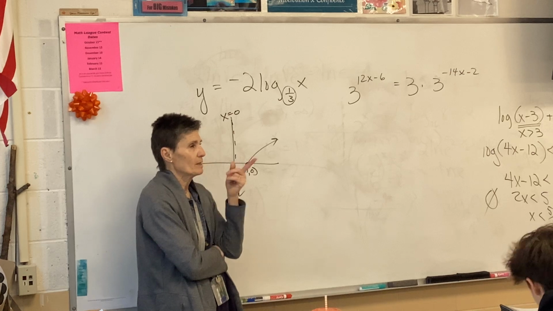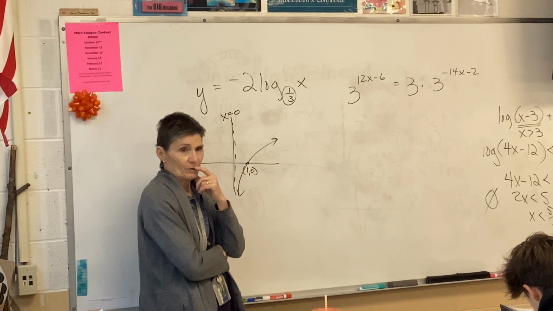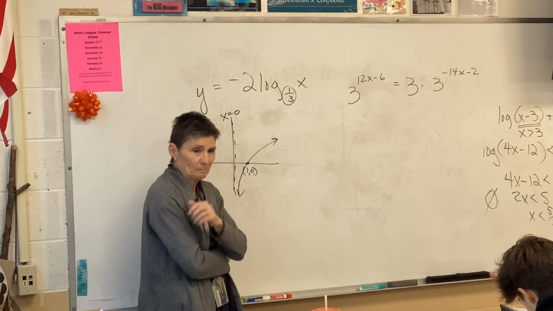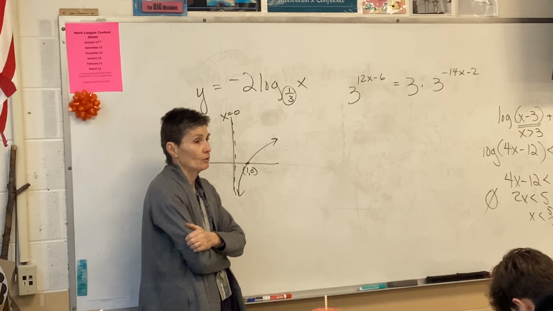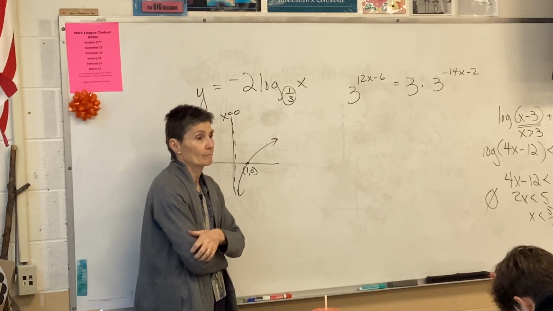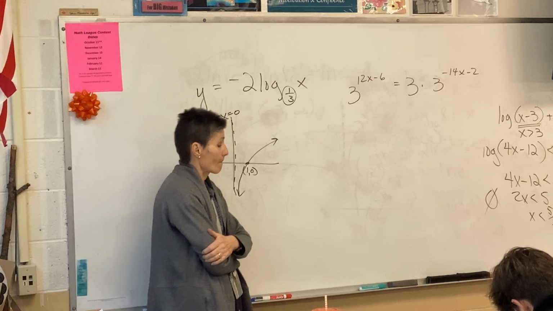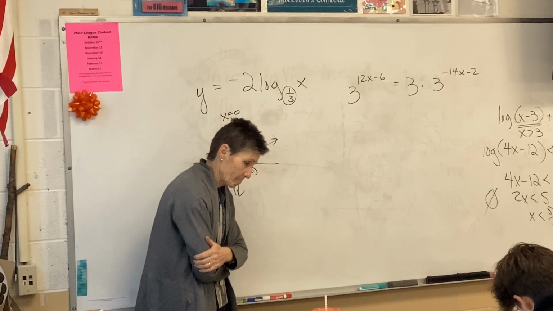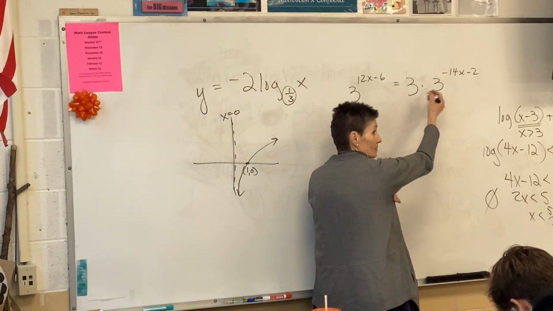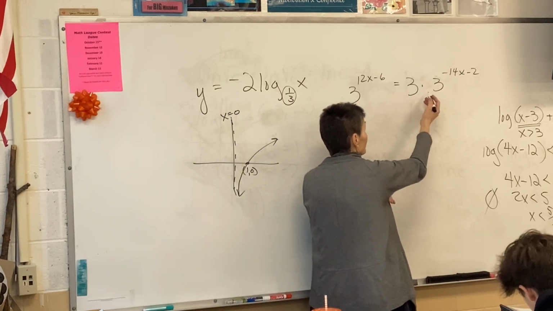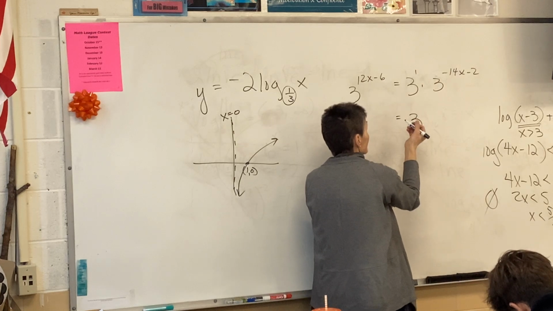I may have done this one the other day with you guys, I can't remember. But anyway, we're gonna do it again. All right, solving for x, a little exponential. What are we gonna do? These two right here need to be combined. And they're gonna be combined by doing what to the exponents?